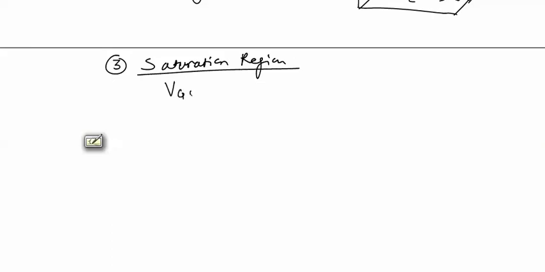The third case, saturation. If it is operating in the saturation region, then this condition must be satisfied: VGS should be greater than or equal to VT, and VDS is greater than or equal to VDS sat, which is equal to VGS minus VT.